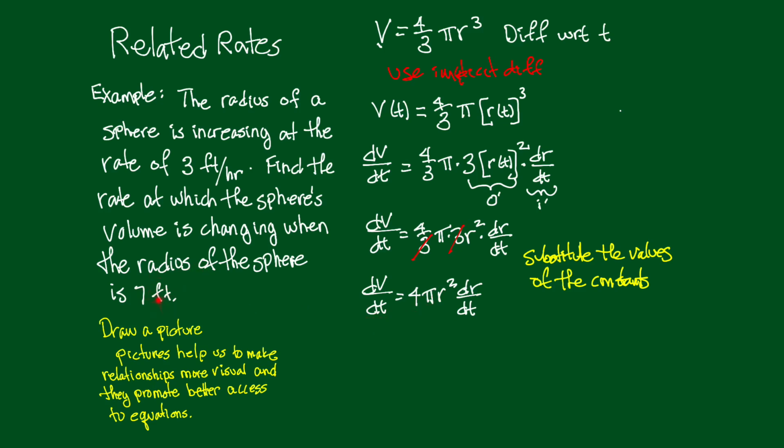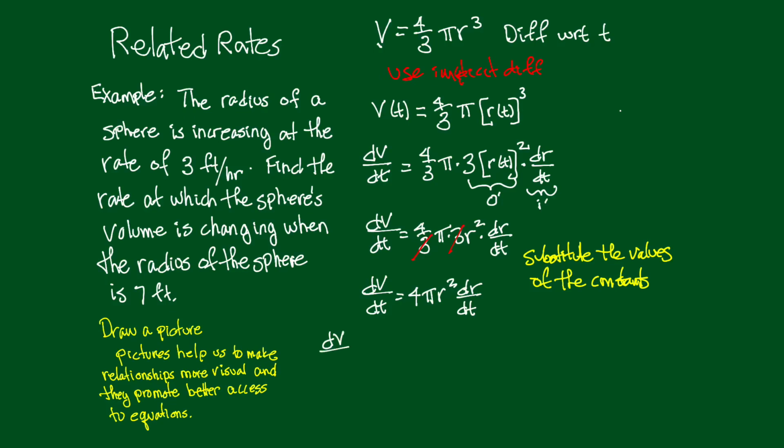So at the very end, I'm going to put r equals 7, and I also know dr/dt. That's given up here. The rate of change of the radius is 3 feet per hour. So when I make the substitution, I'm going to use the units so we know what we have when we're done substituting and computing.